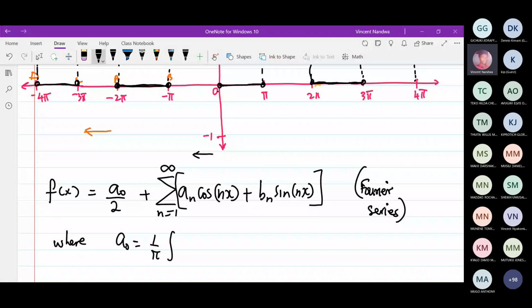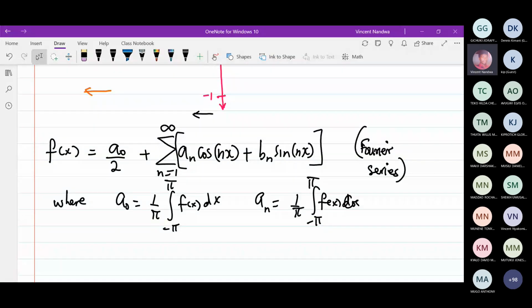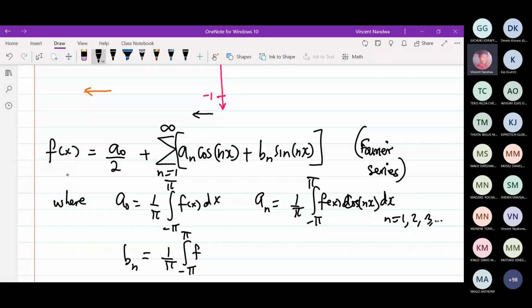So n from 1, 2, 3, etc. Bn is 1 over pi, minus pi to pi, f of x sine of nx dx. N is 1, 2, 3. This is just the definition of the Fourier series of a function f of x, defined from minus pi to pi.